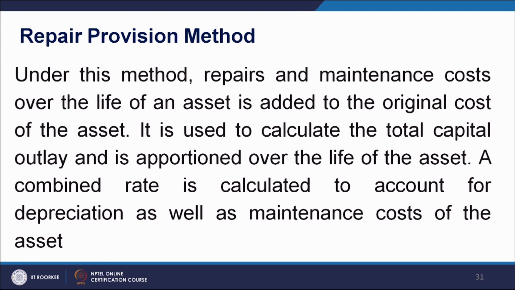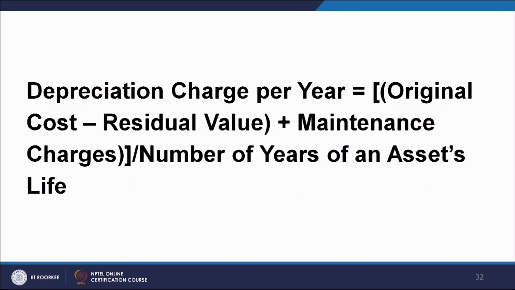It is used to calculate the total capital outlay and is apportioned over the life of the asset. A combined rate is calculated to account for depreciation as well as maintenance cost of the asset. The formula is depreciation charged per year is original cost minus the residual cost plus maintenance cost divided by the number of years of an asset.